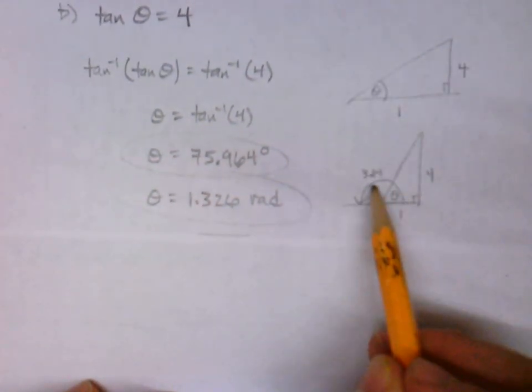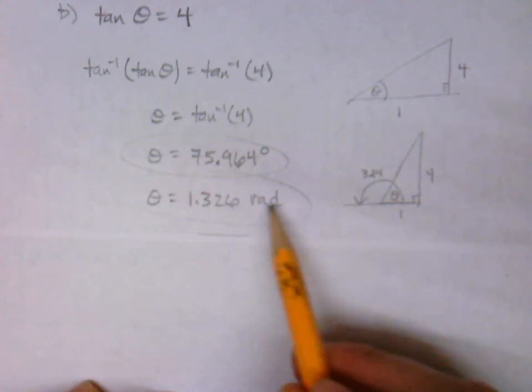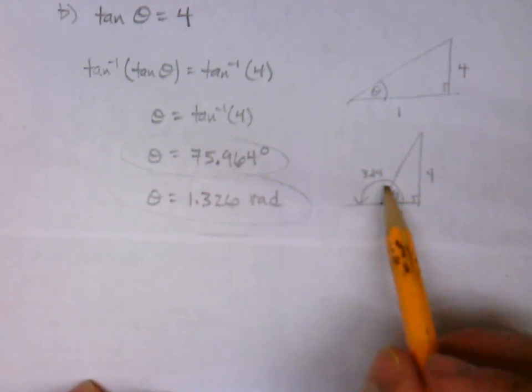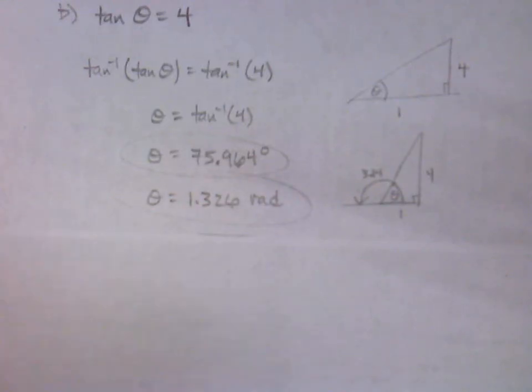So it takes 3.14 radians to go this far. It makes sense that it would take 1.326 just to get to there. That's what's happening with the radians.